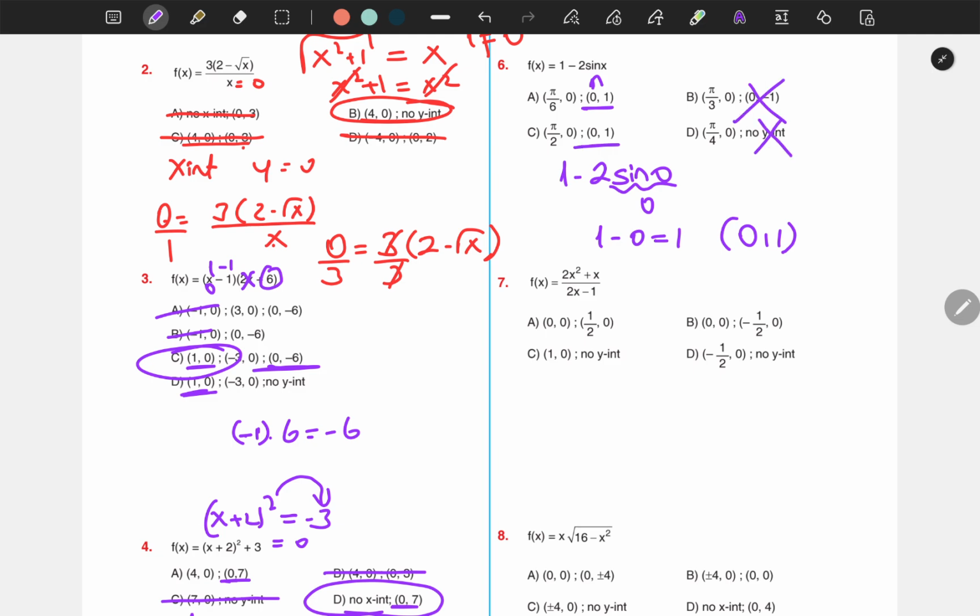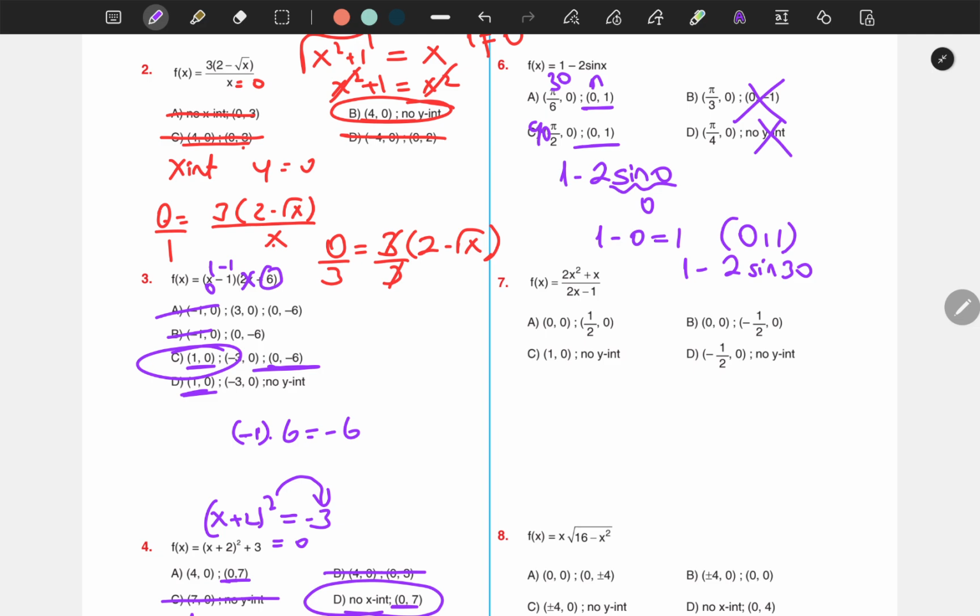So those are eliminated. Guys, pi over 6 is 30 degrees, pi over 2 is 90 degrees. So I have to replace those values in x. If I replace in sine 30 degrees, 1 minus 2 times sine 30.